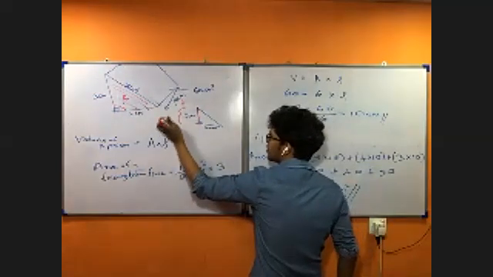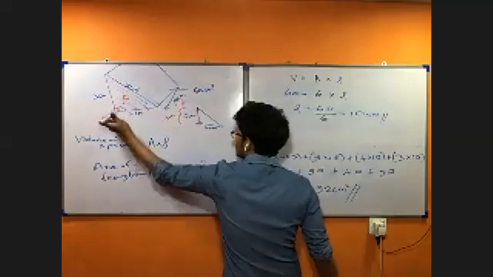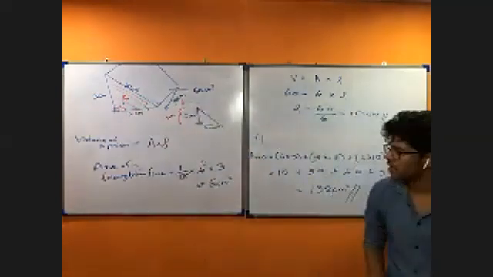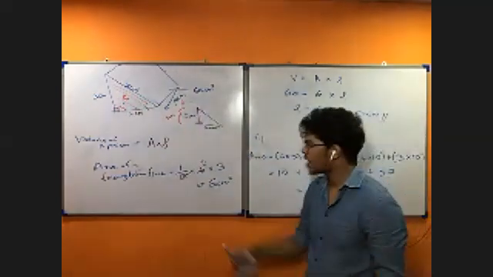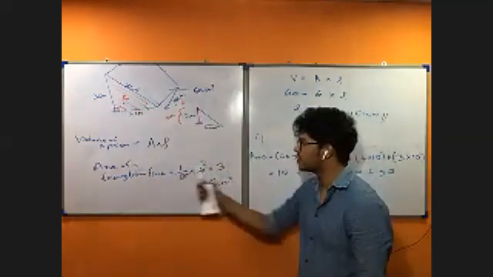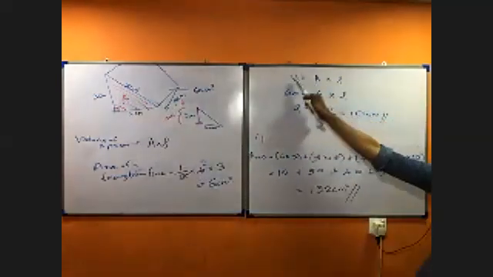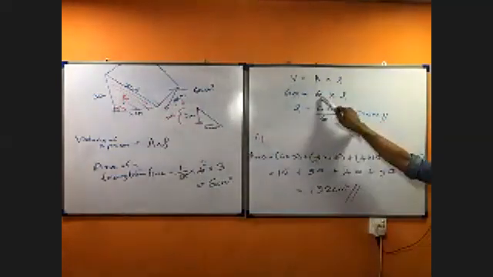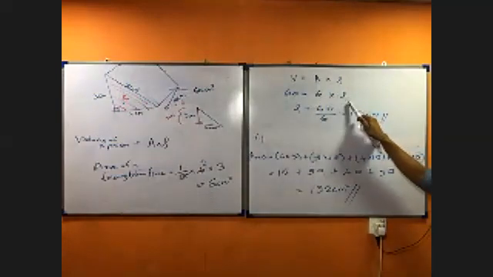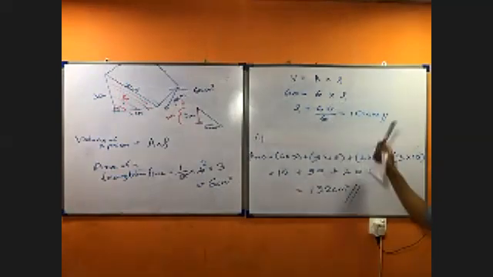Because it is a 90 degrees triangle, this length is the perpendicular height. So half into 4 into 3 gives the area of the triangular face, which is 6. Volume is 60, area is 6, and I don't know the length, so we solve for L. L is 10 centimeters.